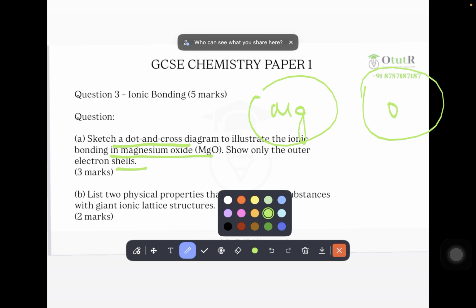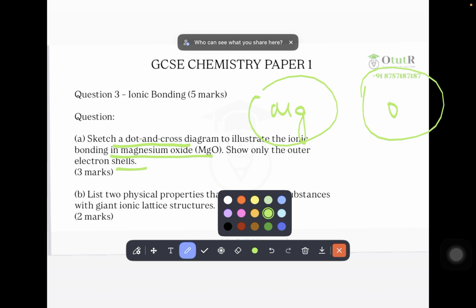Now what will happen? Magnesium wants to lose 2 electrons and oxygen needs 2 electrons. So the 6 are represented in this manner, and since it is dot and cross specifically, we'll show it with the cross, which is lost by magnesium and gained by oxygen.